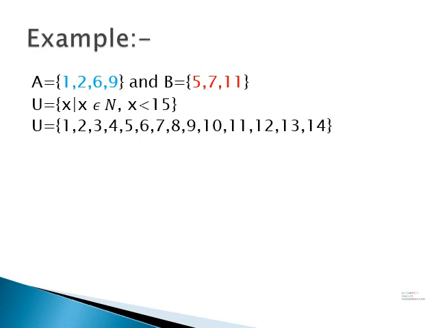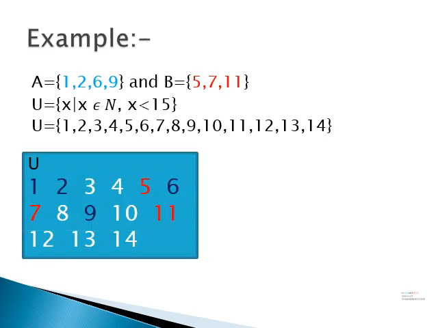Now we'll show this using the Venn diagram. Here you can see a rectangle is shown. This rectangle represents the universal set. Now 1 to 14, all these numbers are present in the universal set. Thus here all numbers are there. After that you can see blue color is used to show the elements present in set A, whereas red color is used to show the elements present in B. The rest, the white elements, are all extra elements.